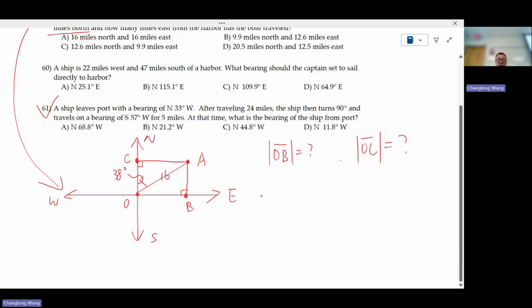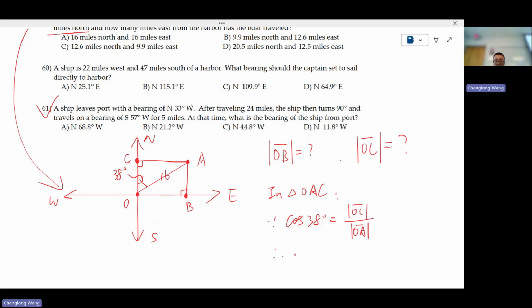So the way it works is make sure that you pay attention to the right triangles. Say that in the right triangle OAC, if I'm looking for OC, that's the adjacent side of the angle 38. So I'll say cosine 38 degrees must be adjacent OC over hypotenuse OA, right?